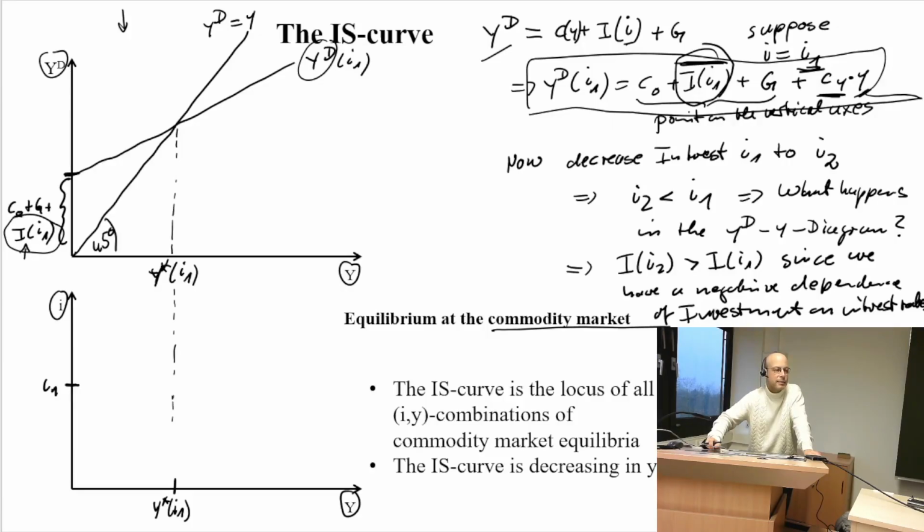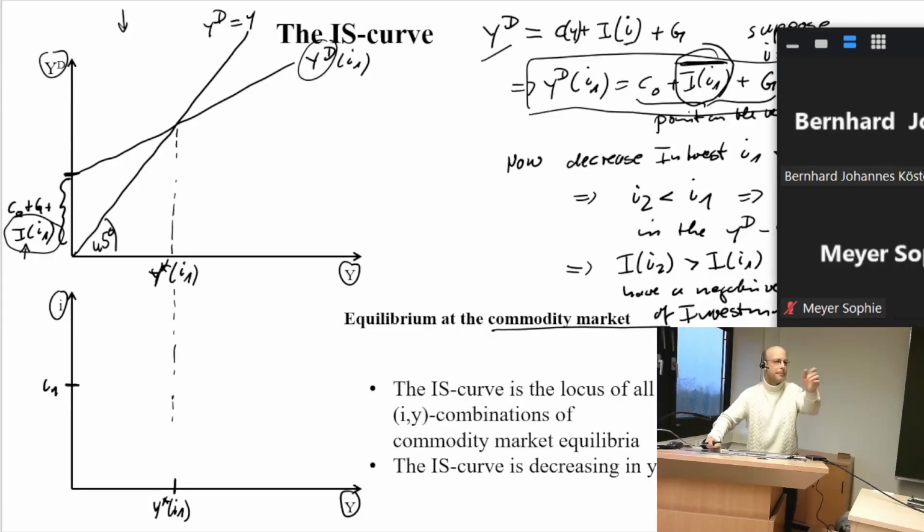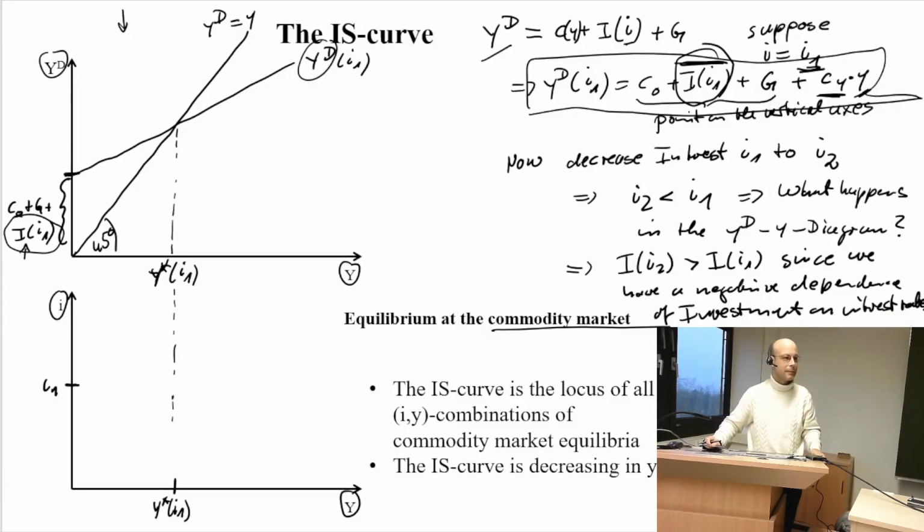And this means for our function, yes, definitely, just the point at the vertical axis. We have to insert now here a higher number, and this just means that we have a parallel shift. The slope doesn't change, but only the point at the vertical axis.